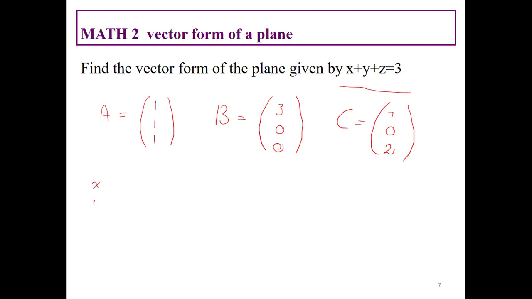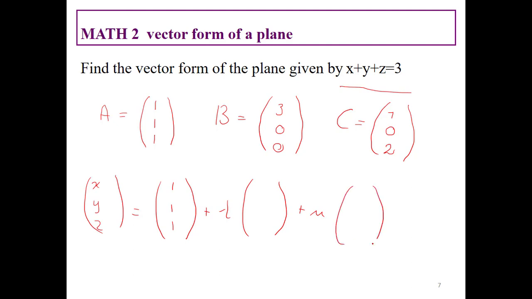And to get a vector form, we just write it down with one of the points as a starting point plus 2 direction vectors. So how can we find those 2 direction vectors? The 2 direction vectors could be found by just finding a movement from one point to the other.